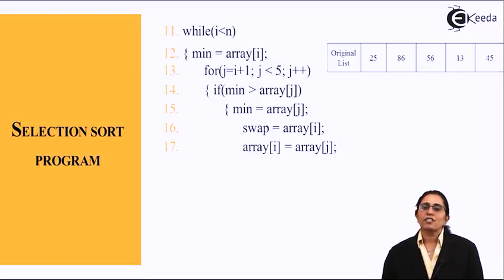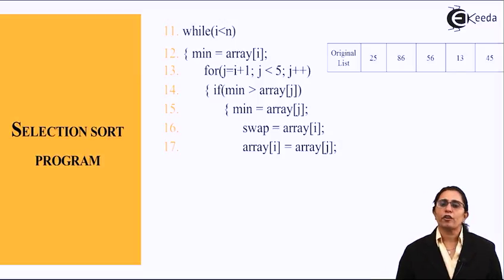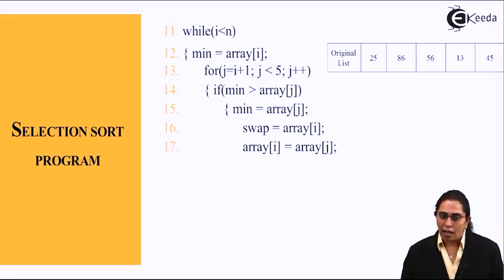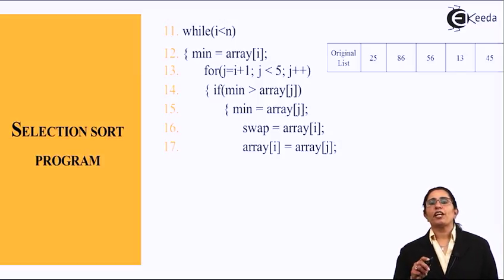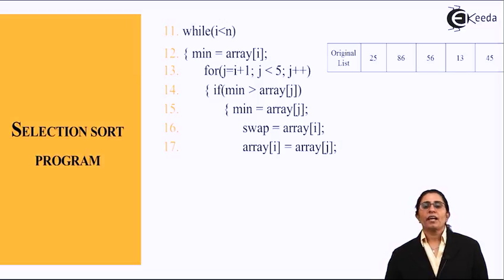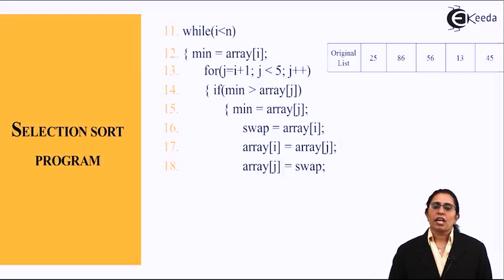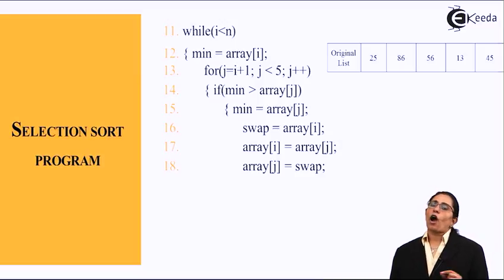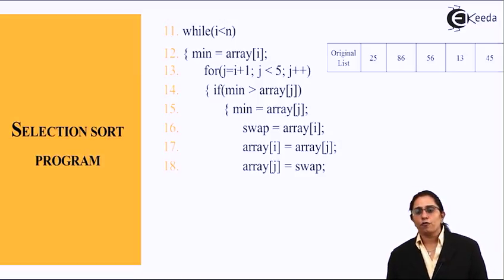Array of j has the value 13. As we say array of i is equal to array of j, 13 gets assigned to array of i. So in place of 25 we get the value 13. And the next is array of j is equal to swap. So whatever value is stored in the temporary variable swap will now be assigned to array of j.